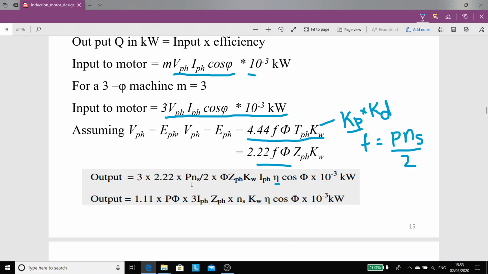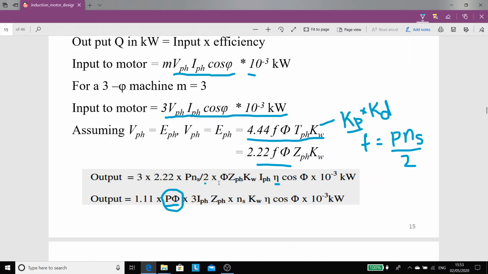Now see here, in this equation I just again rewrite it. Just these three I shifted here, and this P and phi I put together. So this 2 I divided into 2.22, so it becomes 1.11. So 1.11 P and this phi I put together, so that combinedly this P into phi represents the total magnetic loading.